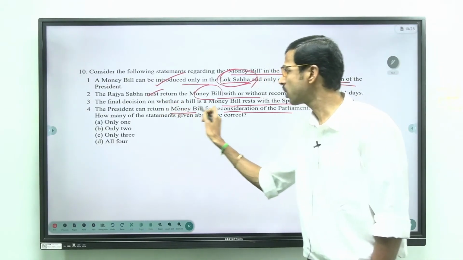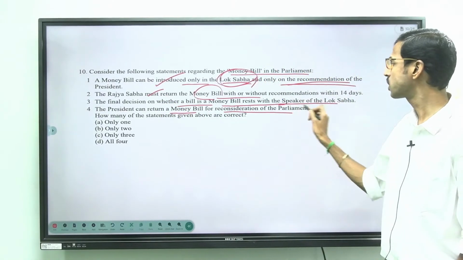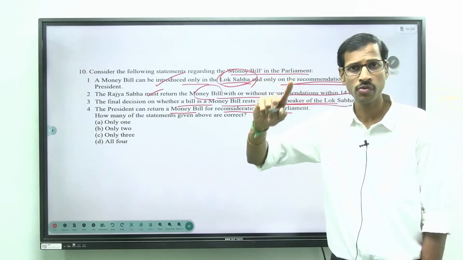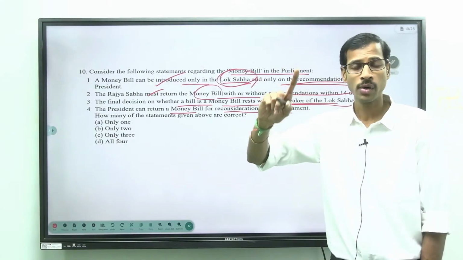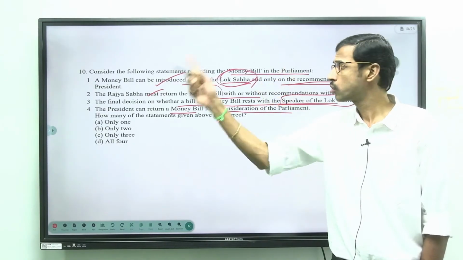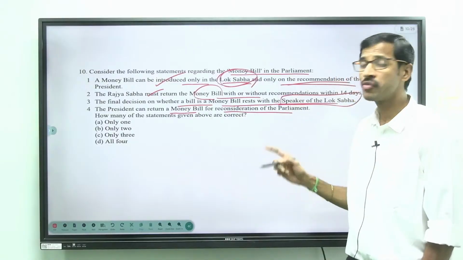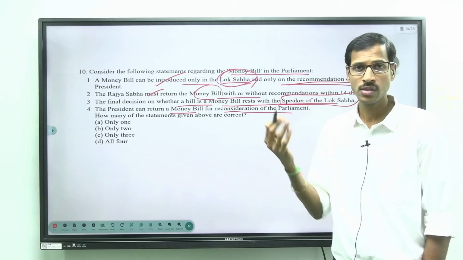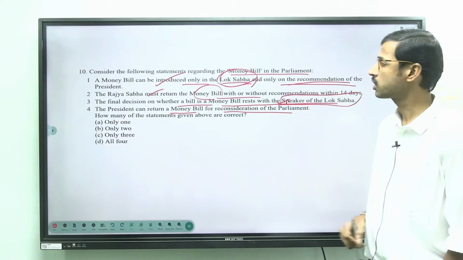So the final decision on whether a bill is a money bill rests with the speaker of the Lok Sabha. With the prior recommendation of the president only, it goes to the Lok Sabha, but finally, whether the bill is a money bill or not, the main authority to decide is the speaker, right?